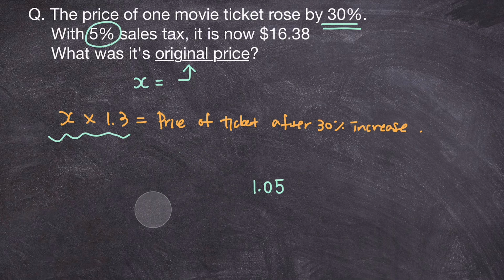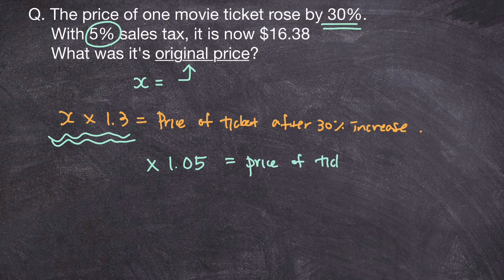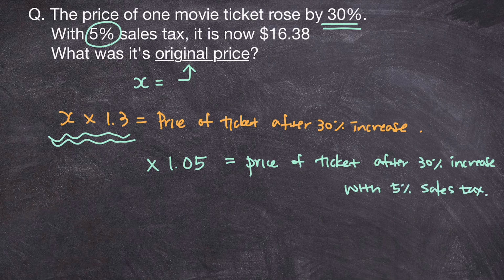If I multiply 1.05 to this amount, then I'll get the price of the movie ticket after the 30% increase with 5% sales tax. That's correct, right?